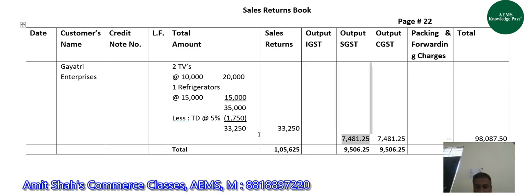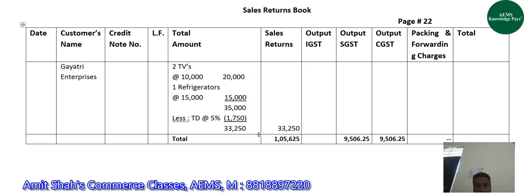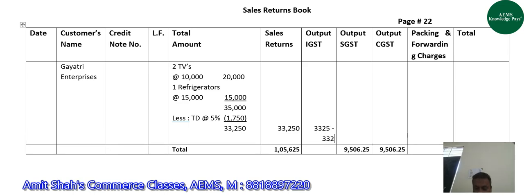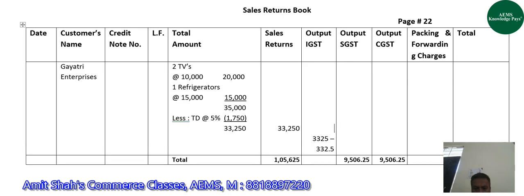On that 9% we will have 3,325 minus 332.5, that is 2,992.5.